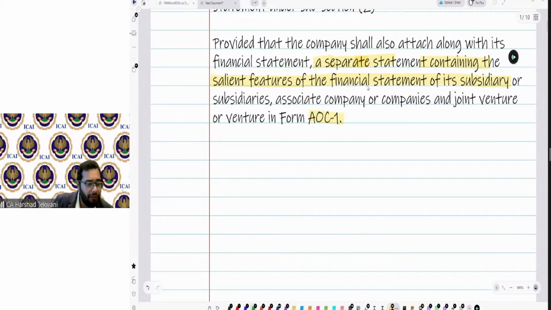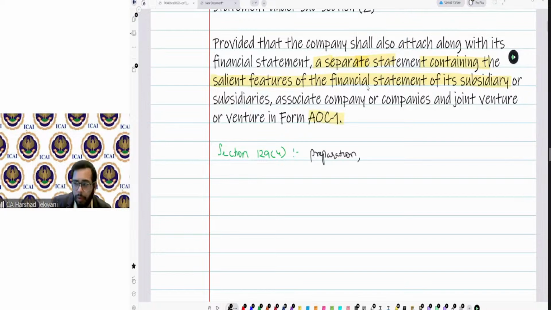After 129(3), it goes to section 129(4), which says that provisions applicable to preparation, adoption, and audit of the financial statement of the holding company will apply to the CFS also.